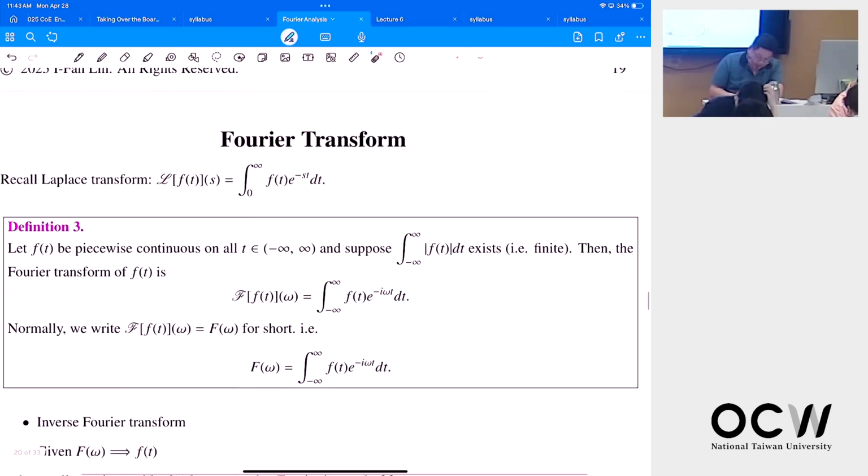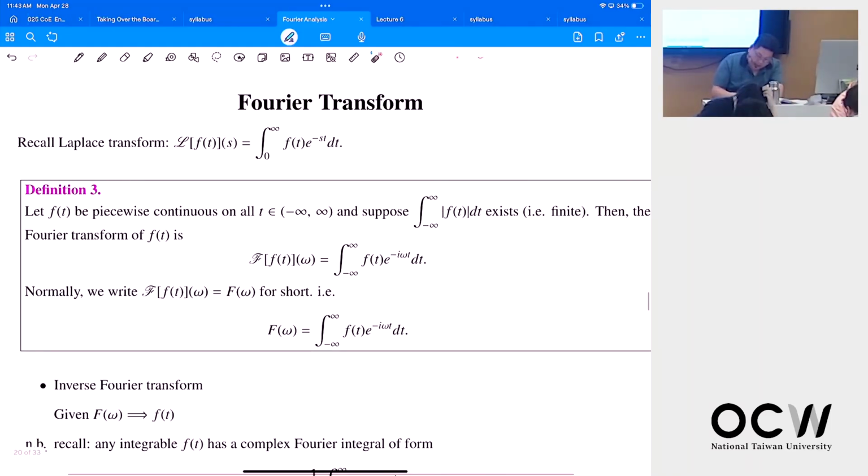And then the inverse Fourier transform. I have the function in frequency domain. And how can I get back to our time domain? So we will also see the definition of your inverse Fourier transform later.